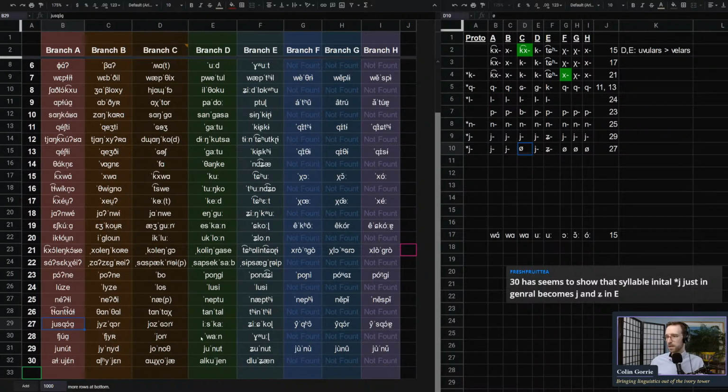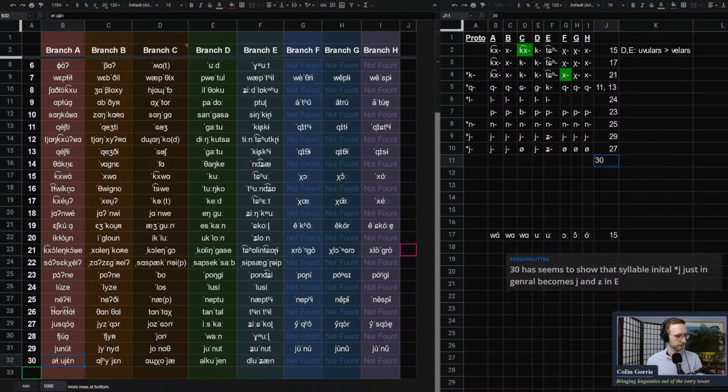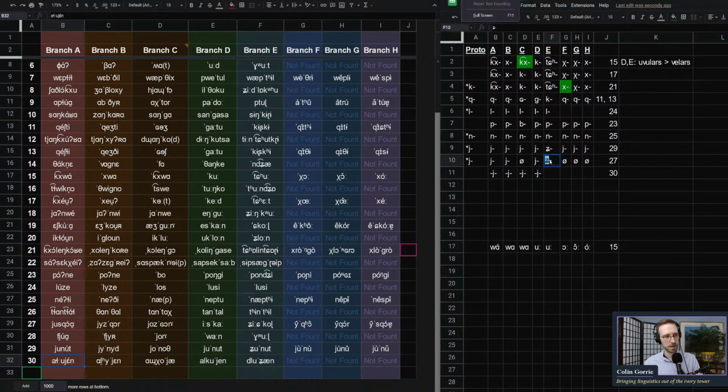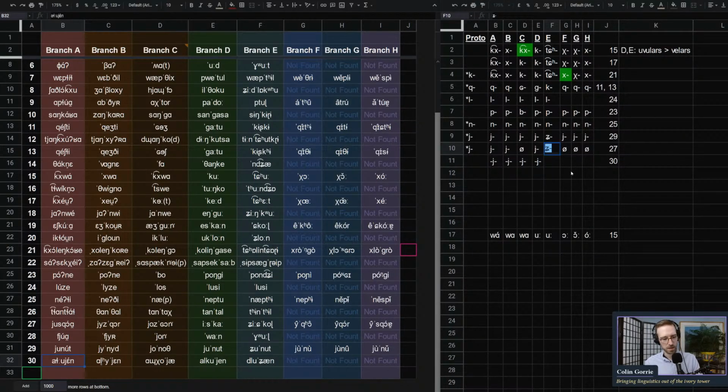Let's see. We also have evidence in 30, we have this medial J, which seems to have a similar fate. And we lack the words here.